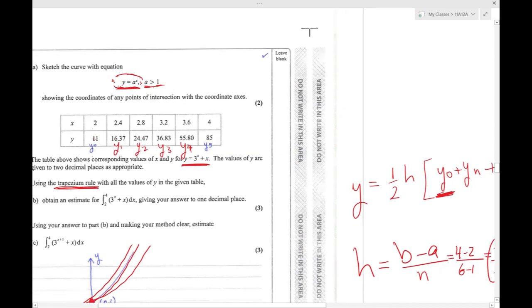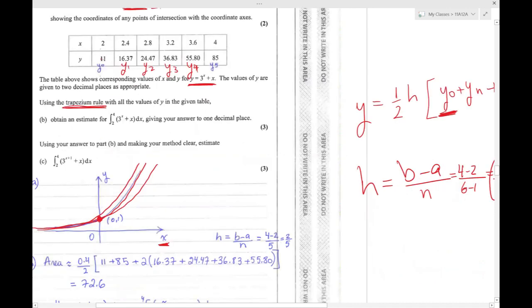Placing all of this in the formula, you're going to get 2 over 5, which is 0.4, over 2, as if you're multiplying half times 2 over 5. Then you add the first term and the last term for y, plus 2 multiplied by the rest that are inside.